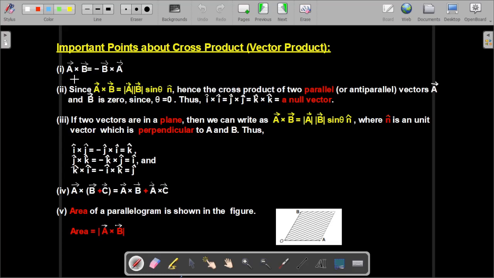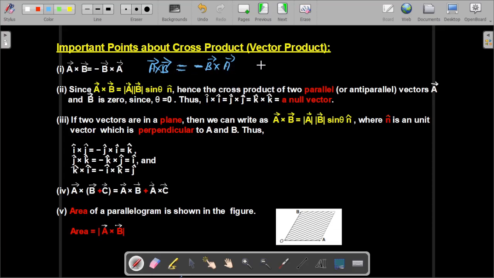If A and B vectors are given, then the result of A cross B will be opposite to the result of B cross A. Understood? If we put a minus sign, they will be equal.